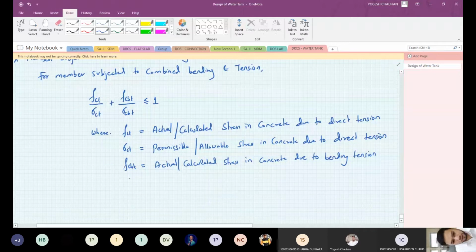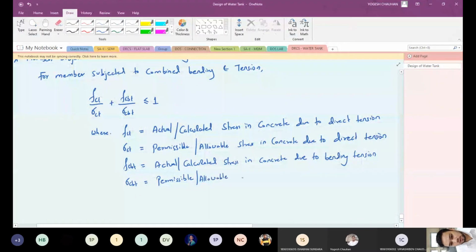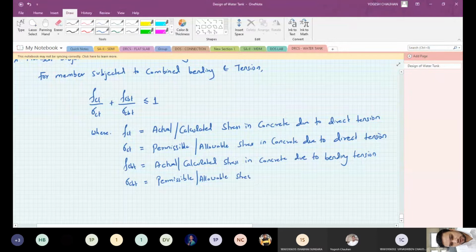And σcbt is the permissible or allowable stress in concrete due to bending tension.